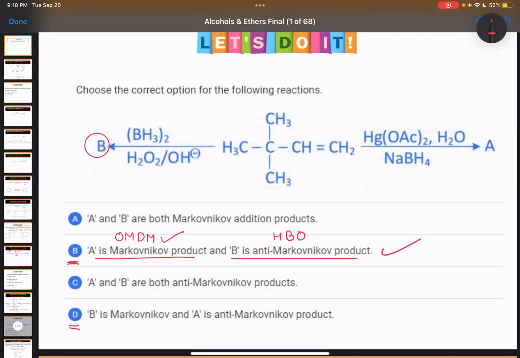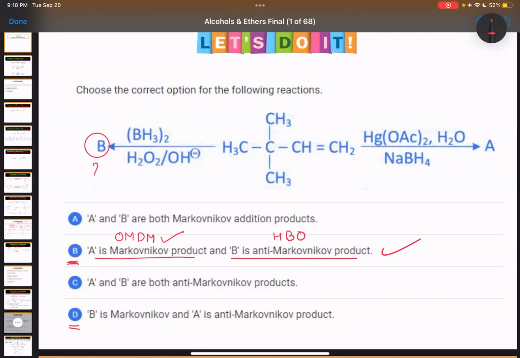What is the IUPAC name of B? Yeah, tell me.